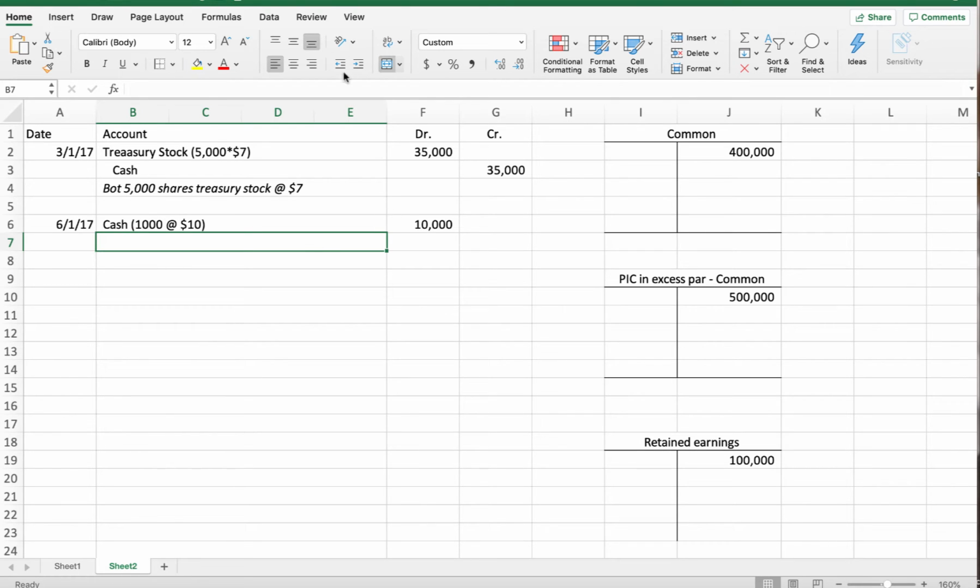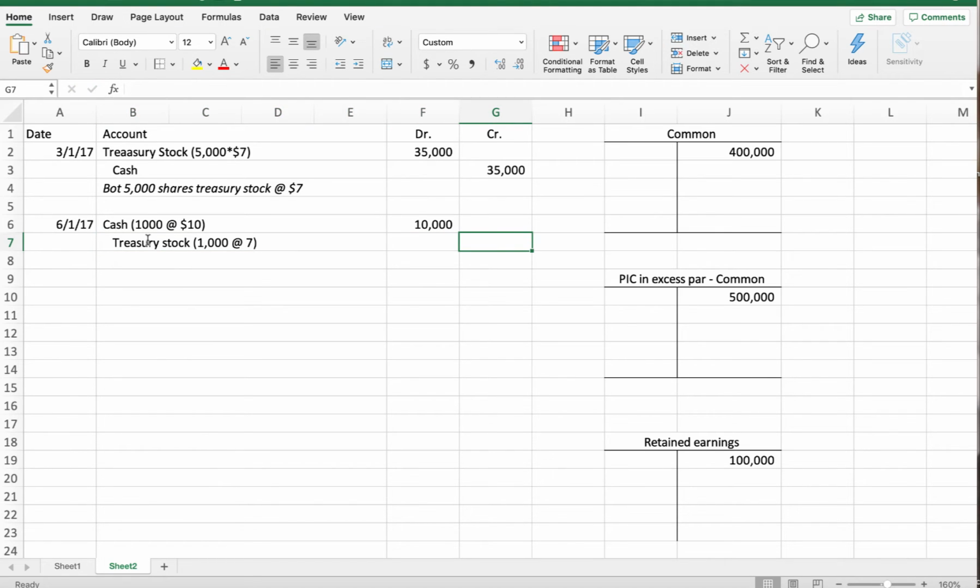What are we giving away? Well, we're giving away our treasury stock, right? How much are we giving away? Well, we're giving away 1,000 shares. But what was that original cost to us? Well, it was $7, right? Because that's what we originally bought it for. We're selling at 10, but we bought it at $7.